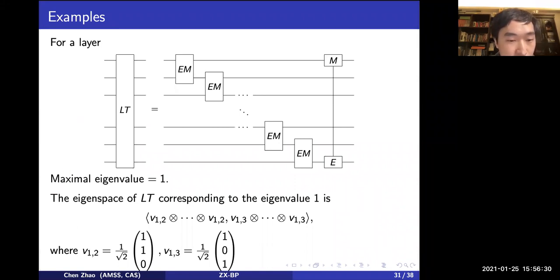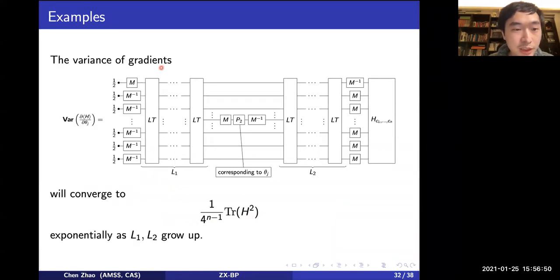Then the maximal eigenvalue of L_T is also 1, and the eigenspace of L_T corresponding to the eigenvalue 1 is generated by these two vectors. Then the variance of the gradient will converge to this value exponentially as L1, L2 grow. This value is exponentially small in n, where n is the qubit number.